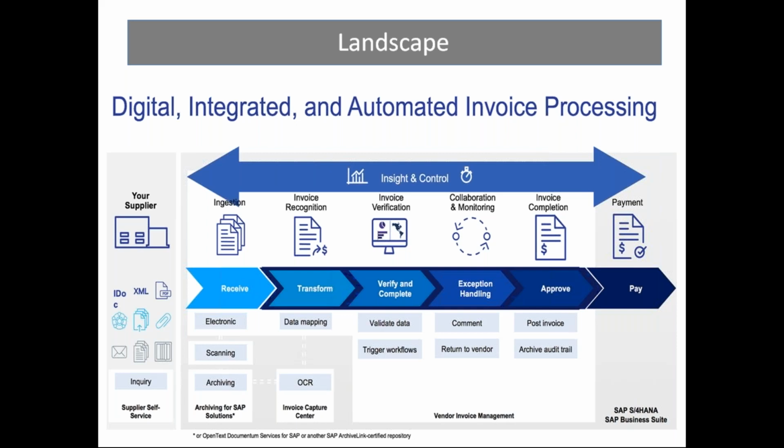In later sessions I'll be explaining the different channels available in Vim, how we configure those channels, how archive document types or archive links are created for each channel, and how the OCR integration happens from SAP to OCR.